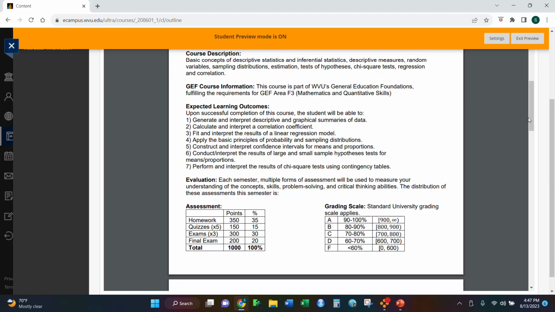Basically, at the end of this course, we want you to be able to generate and interpret descriptive data and graphical summaries of data, calculate and interpret a correlation coefficient, fit and interpret the results of a linear model, apply the basic principles of probability and sampling distributions, construct and interpret confidence intervals for means and proportions, conduct and interpret the results of large and small sample hypothesis tests for means and proportions, and perform and interpret the results of chi-square tests using contingency tables.